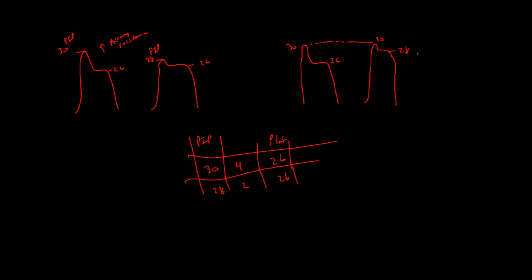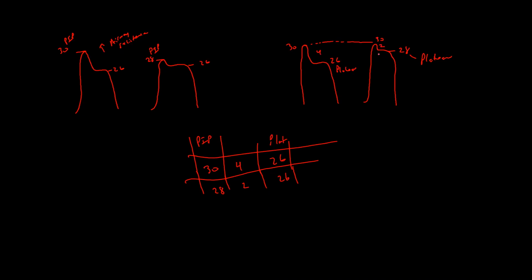Your compliance is getting lower because your plateau pressure is what changed here. Your plateau pressure increased from 26 to 28. So the difference between the two is airway resistance. Our plateau pressure is 28, and our airway resistance in this example decreased from 4 to 2.